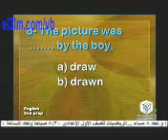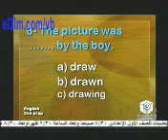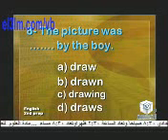Let's move to number 8. The picture was space by the boy. Number A, draw, drawn, drawing, or draws. This sentence here is in the passive voice.